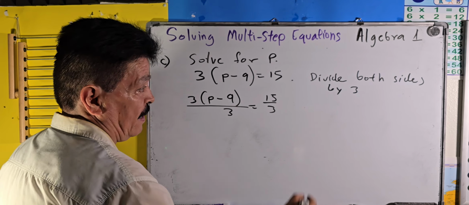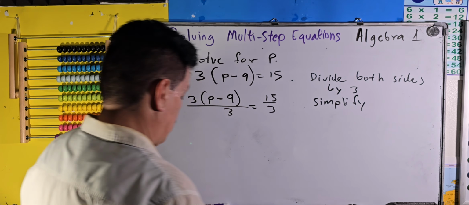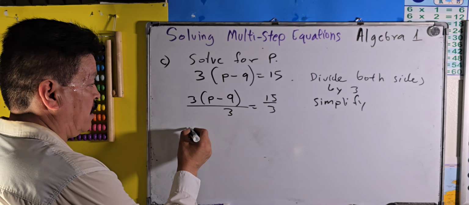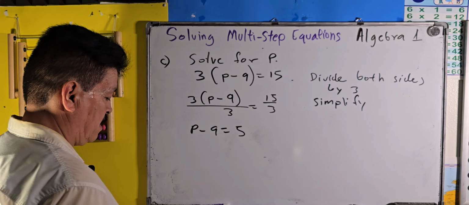Now simplify, and you will have p minus 9 equals 5.